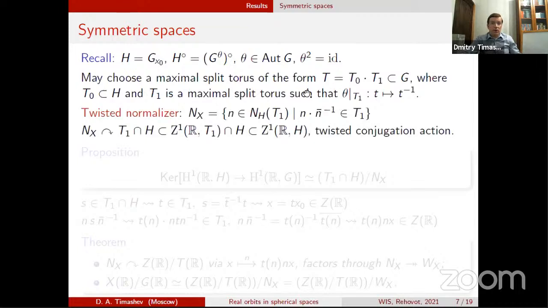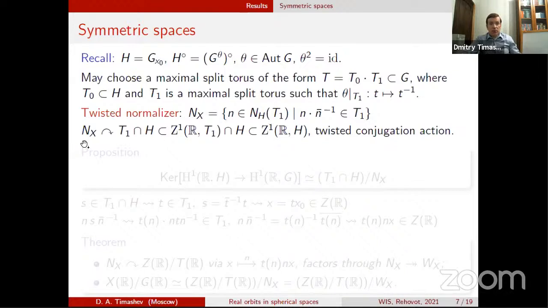And let's consider now the group, which I denote by Nx. And let me call it the twisted normalizer of T1 in H. It is the set of elements in the usual normalizer, satisfying this additional condition that n times n bar inverse sits in T1. Why do I call it the twisted normalizer? Because it is exactly the normalizer of T1 in H under the action by twisted conjugation.